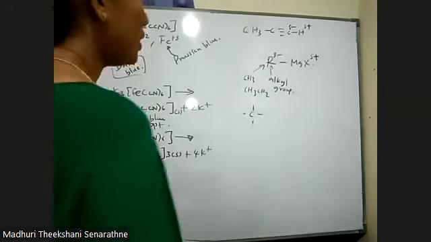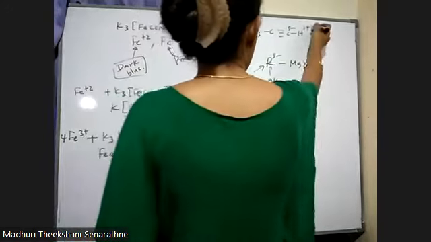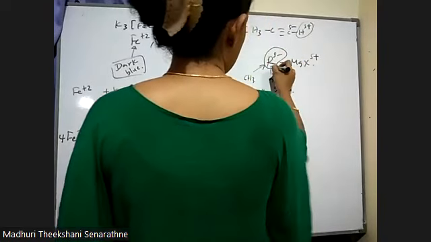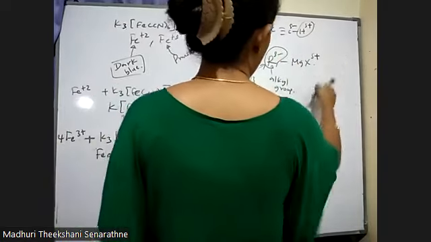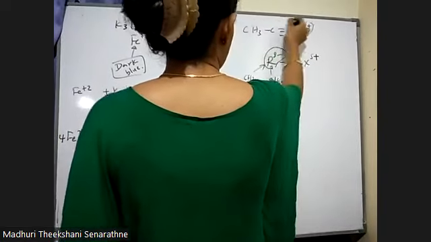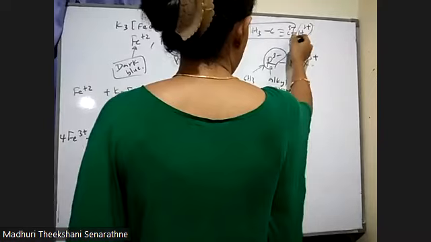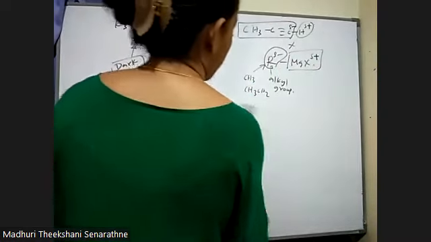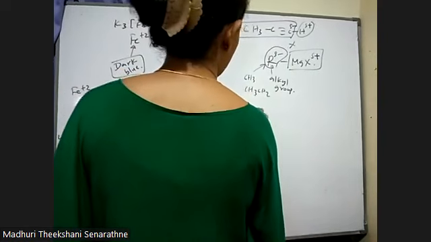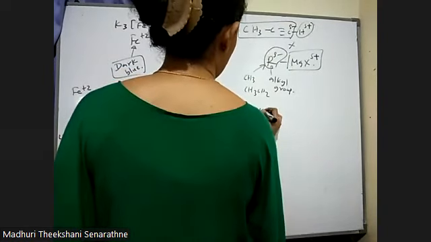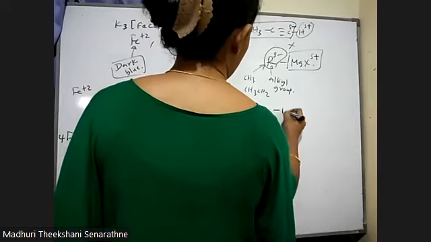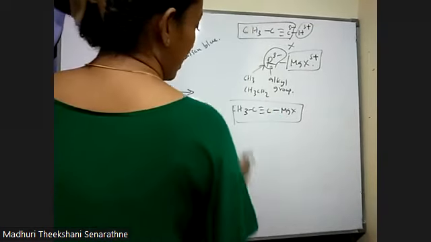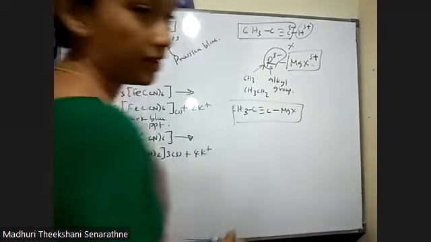The H delta plus and R delta minus combine and produce an alkane, and the C delta minus group and MgX delta plus group combine and produce again a Grignard reagent, CH3C≡CMgX. This is the product of this reaction, and again it is a Grignard reagent.